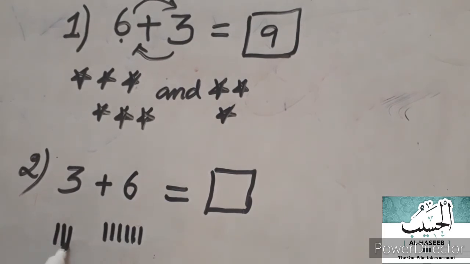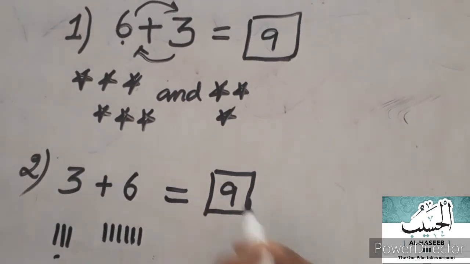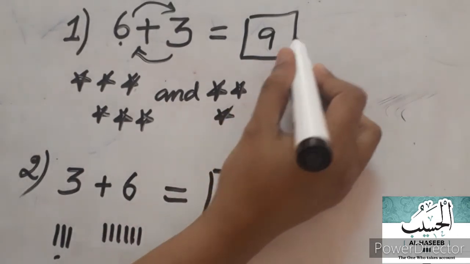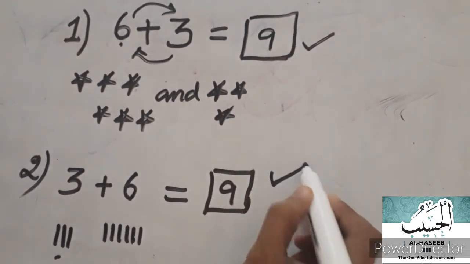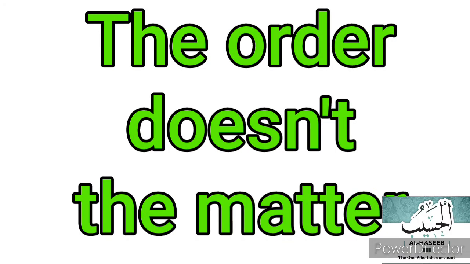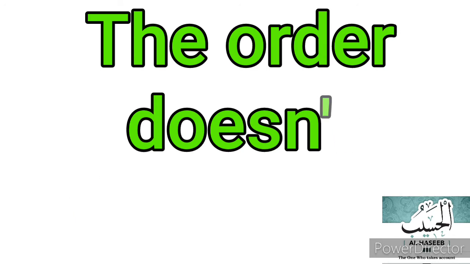Then together the answer is 9. Both answers remain same. Here also 9, here also 9. So that we can say the order does not matter.